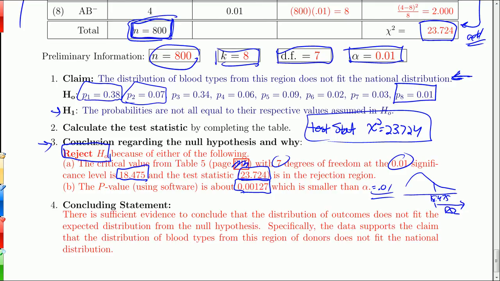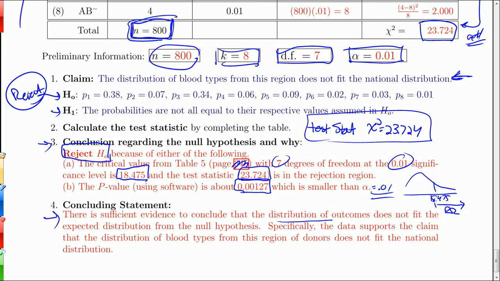So what that means is we reject the null hypothesis. We're saying that the probabilities are not equal to the national distribution. So with regards to the hypothesis test, there is sufficient evidence to conclude that the distribution of outcomes does not fit the expected distribution from the null hypothesis.